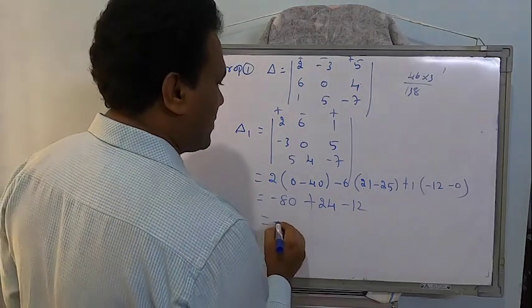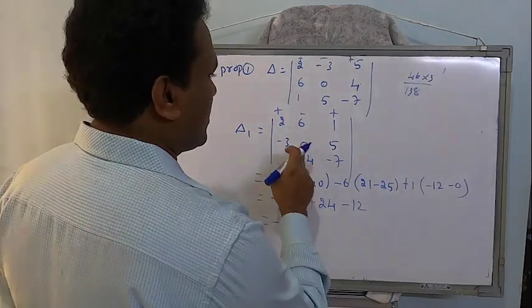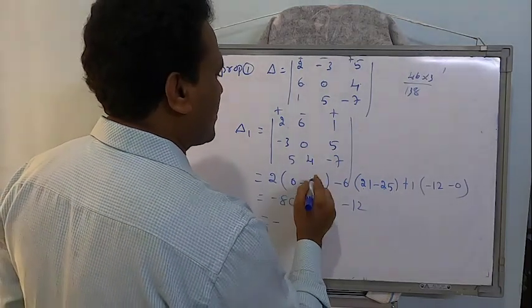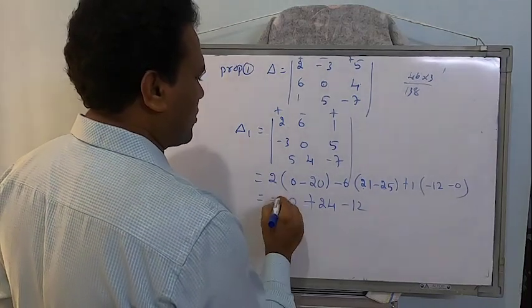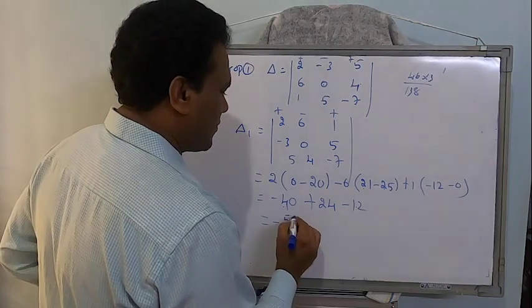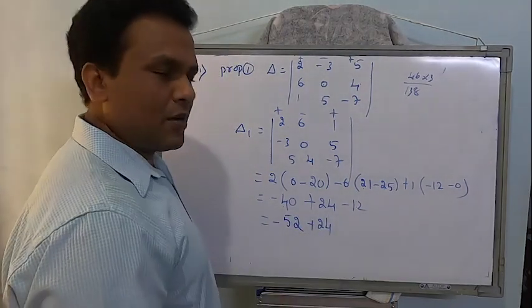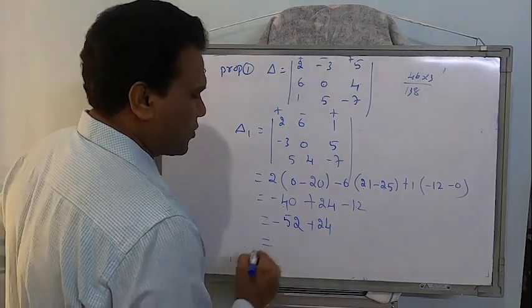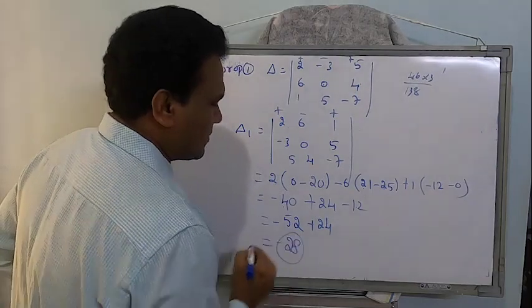One second, let me just check the sign. That's minus 20. Sorry for this. So 0 minus 20, that's going to be minus 40. Fine. So on adding these two, what will the sum be? The sum will be minus 52 plus 24. Correct, right? So what is minus 52 plus 24 going to be? Of course, the sum will be minus 20.